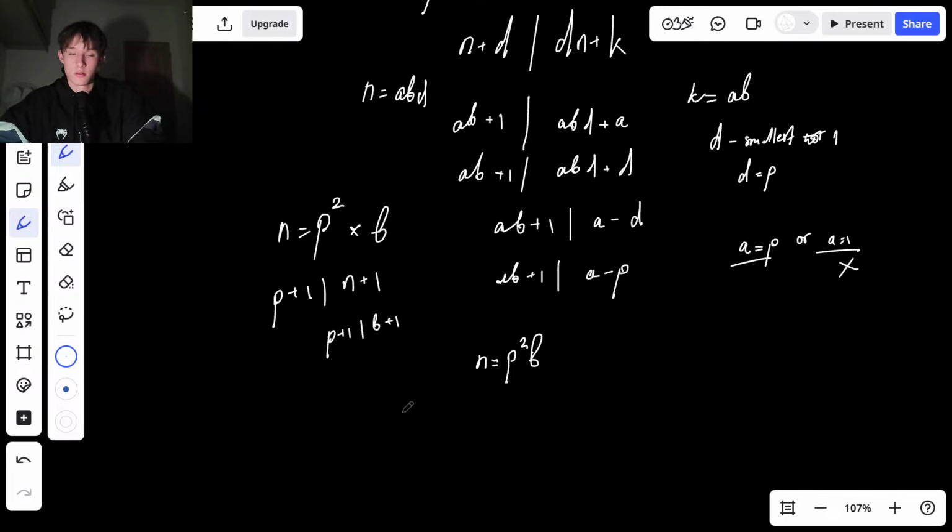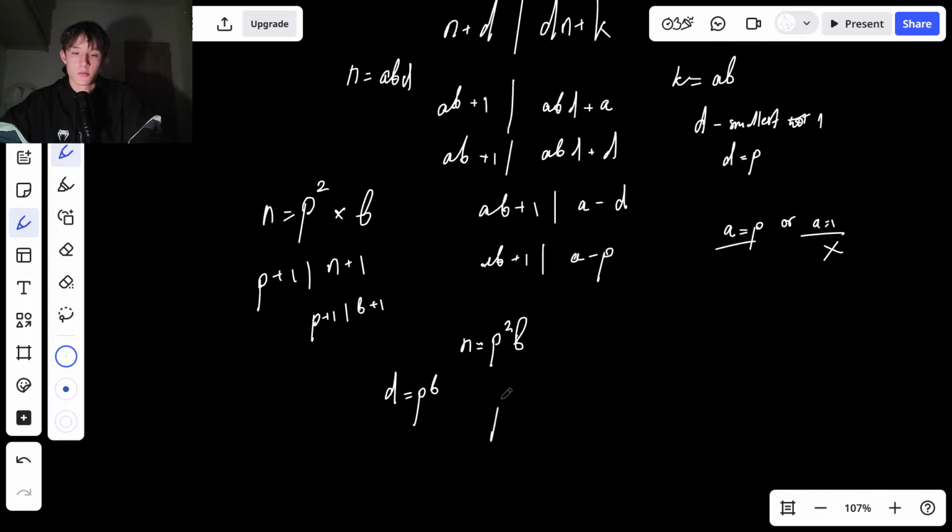well, let's take, okay, we took d equals pb, right? And that's how we got p plus 1 divides b plus 1. So if I take d equals pb, I get p squared b plus pb divides the product, which is p cubed b squared, plus some number k.